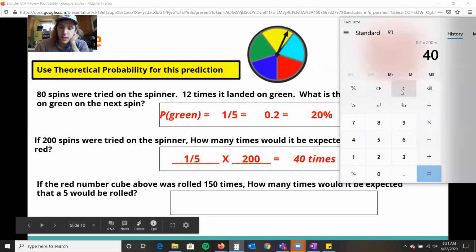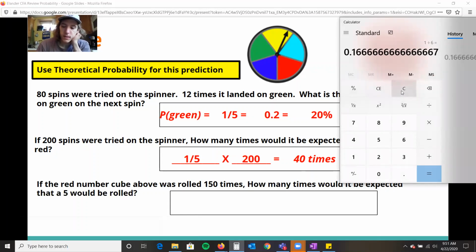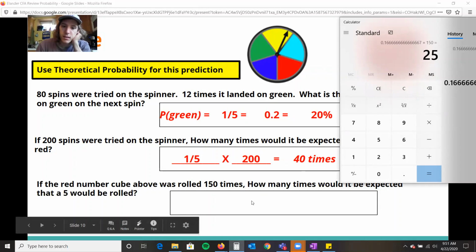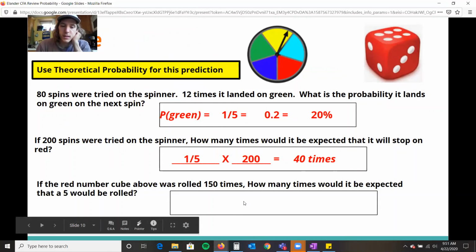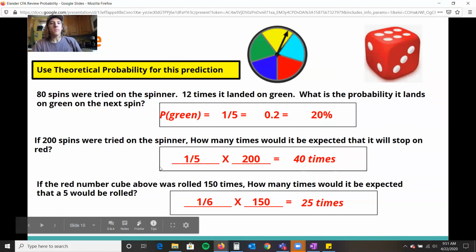So we'd say 1/6 times 150 times, right? And so 25 of those times out of 150, it would be expected that we'd roll a 5. So 1/6 times 150, 25 times.